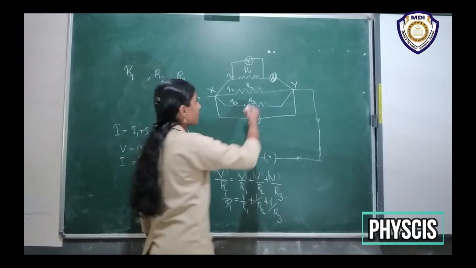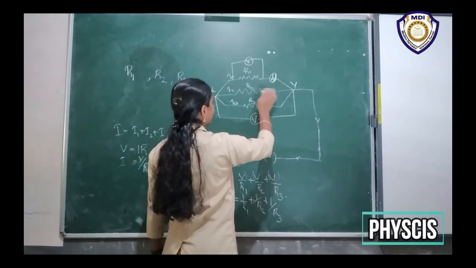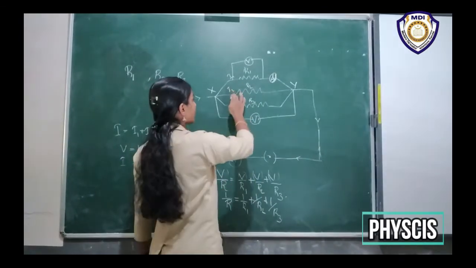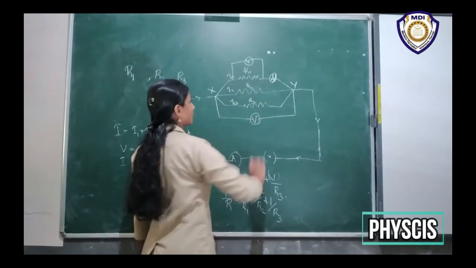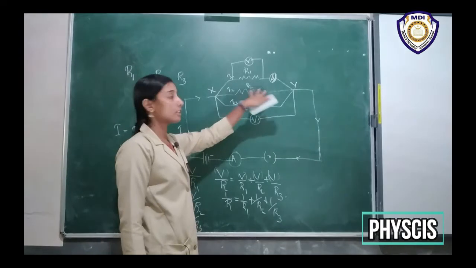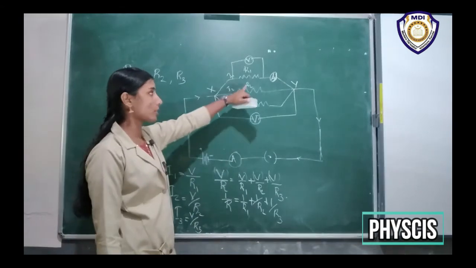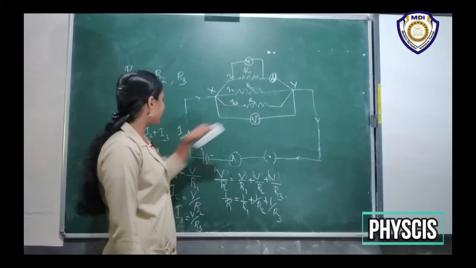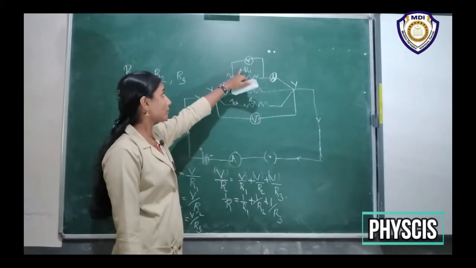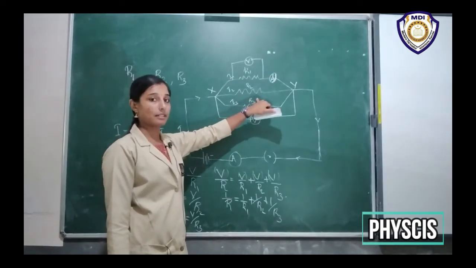And if we place the ammeter between these two ends, that means the ammeter is connected in series with R2 and the voltmeter in parallel with R2, then we can measure the individual voltage difference and the individual current passing through the resistor R2. And I3 we can find when the ammeter is placed in series with R3, and the voltage when the voltmeter is connected in parallel with R3.